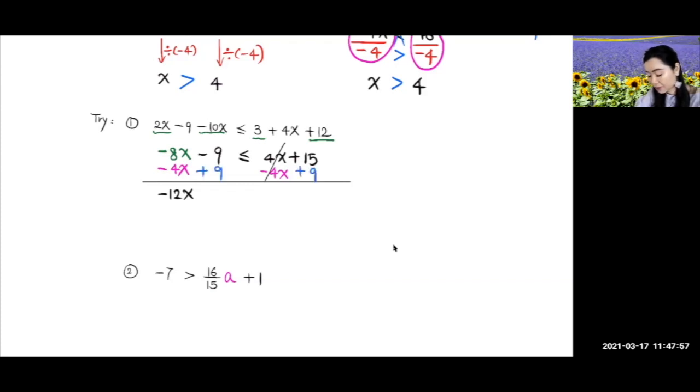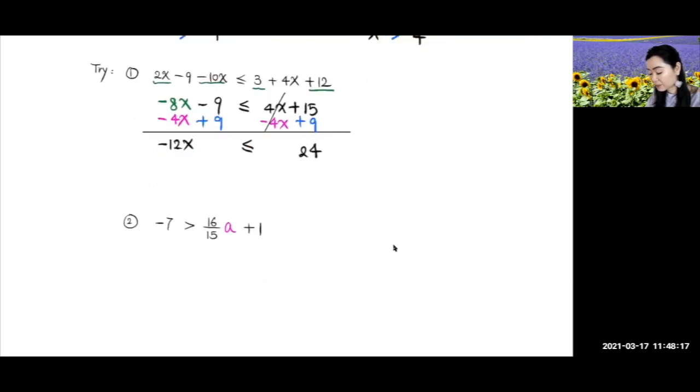So on this side, I will end up with 24. Now notice that adding or subtracting doesn't change the inequality sign. So it's going to stay the same. Now when you get to this step, what are you going to do? To isolate x, we will undo this multiplication with negative 12. So what do we do over here?